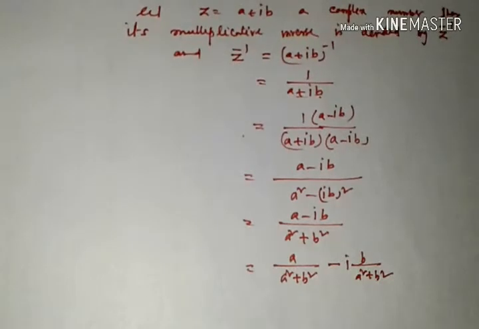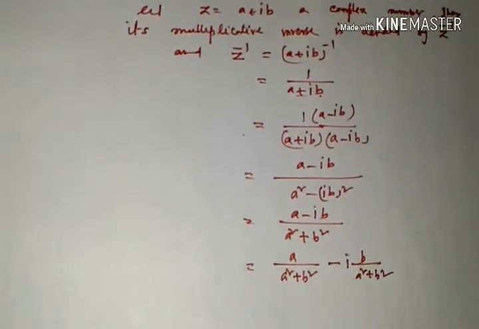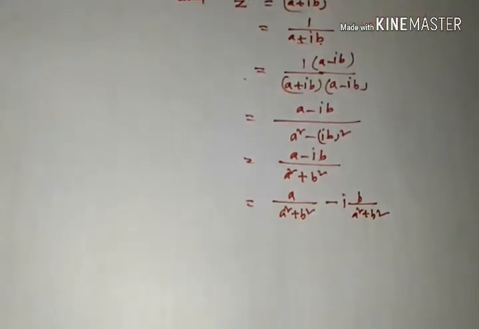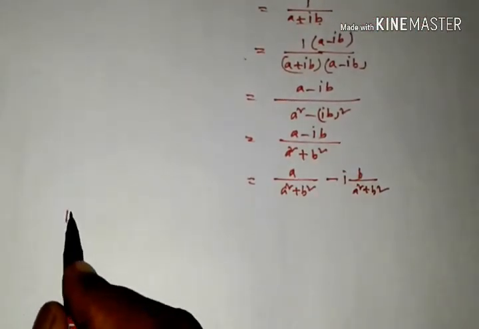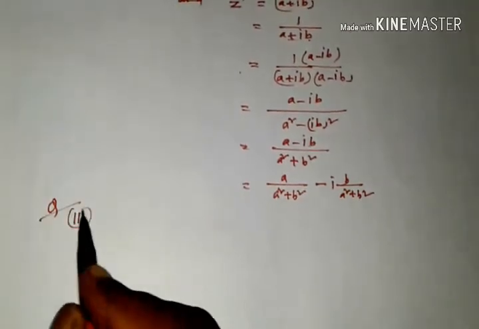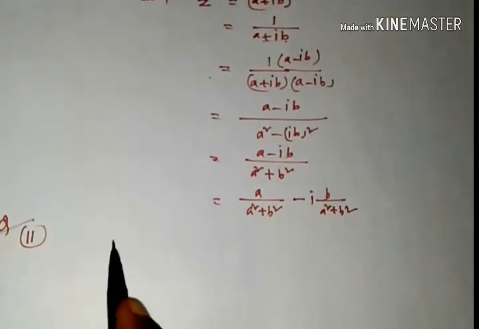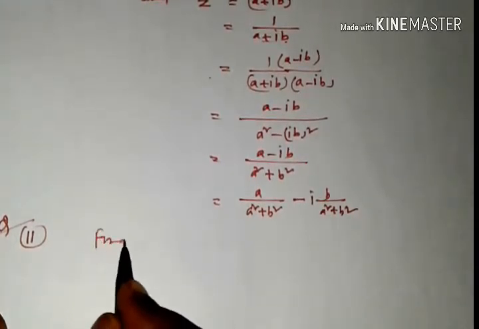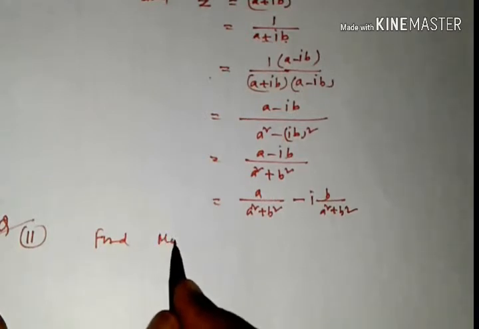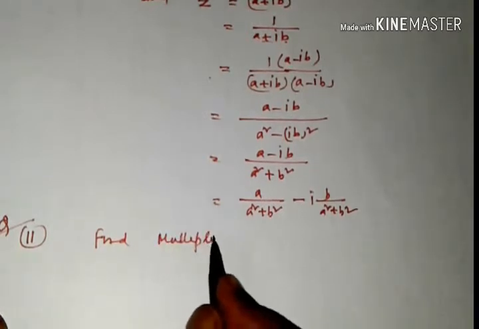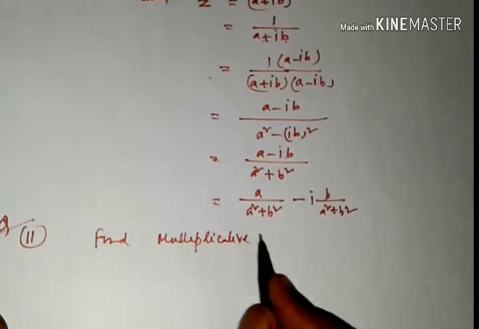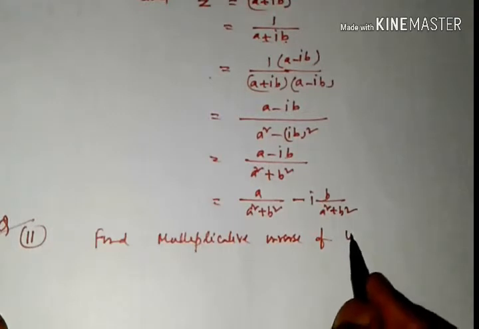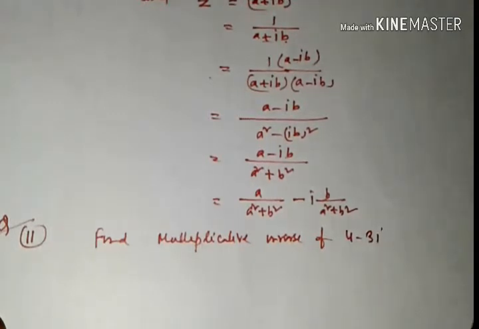In the exercise there are some problems. This is question number 11, given: find the multiplicative inverse of 4 minus 3i.